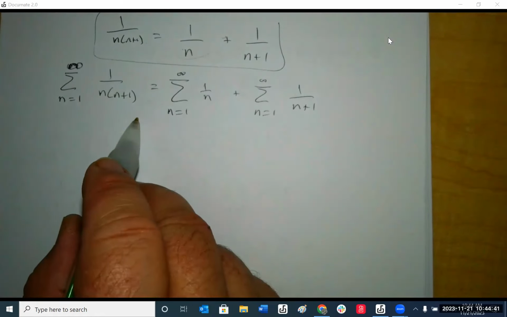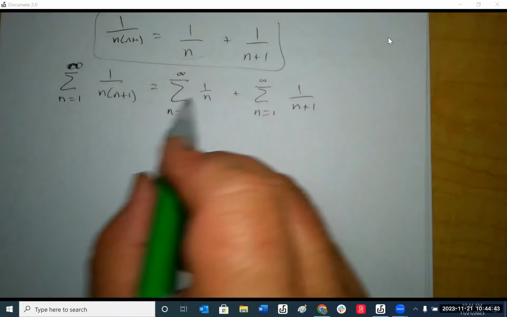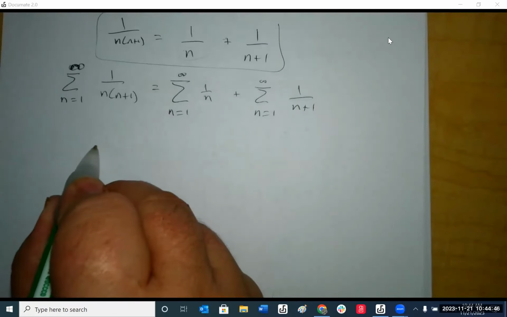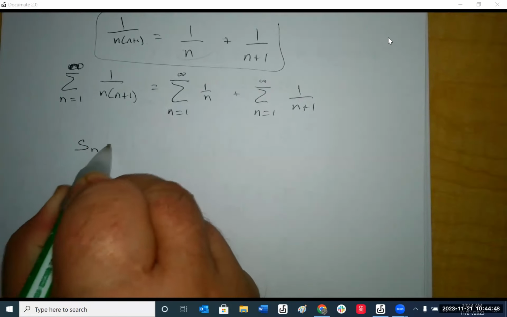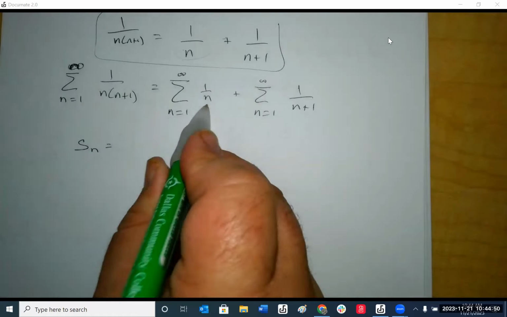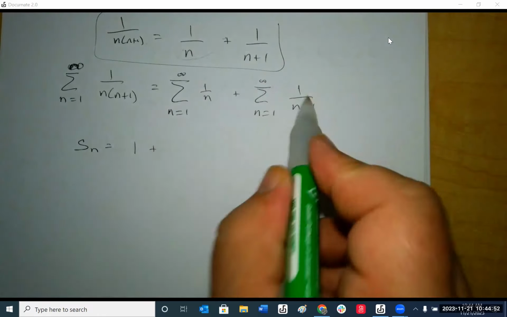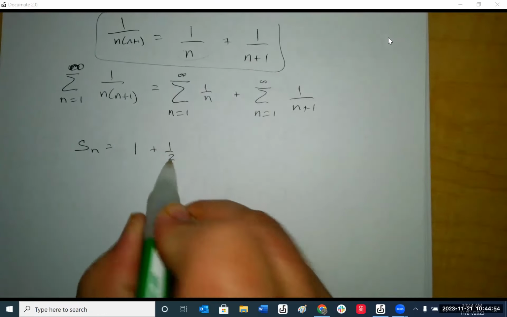So let's look at the sum of these. When n is 1, the sum. When n is 1, this is going to be 1. This is going to be 1/2.